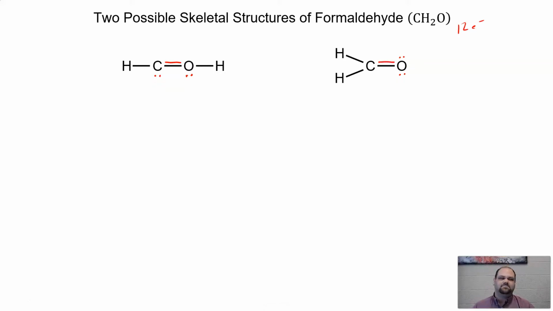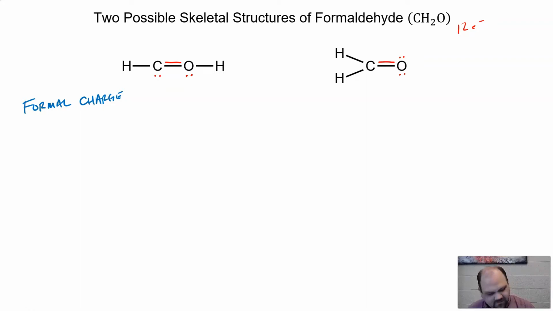Okay. How do we know which of these two structures is more legitimate? Which of these two structures is correct? Well, we use something called formal charge. Okay, formal charge is not a true charge, like an electron charge, but it's a way that we keep track about which Lewis structure is a better Lewis structure. Okay?